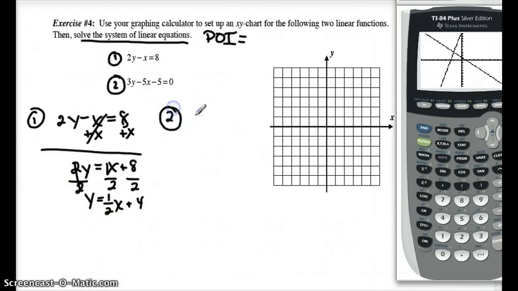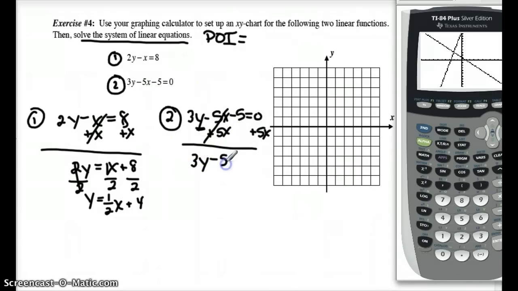The second one's going to originally be 3y minus 5x minus 5 equals 0. And again, we want to get this y alone. So I'm going to add 5x to both sides. And I get 3y minus 5 equals 5x.